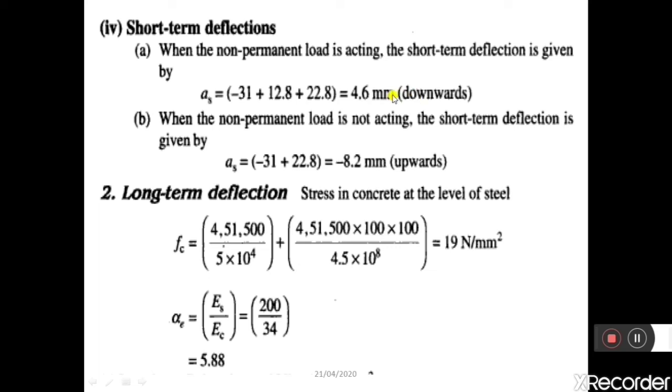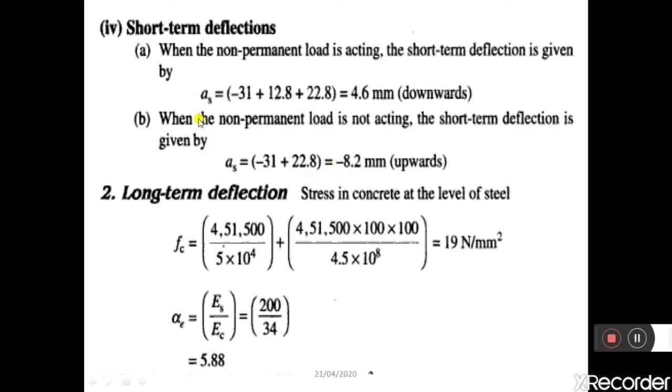So it is downward because minus 31 plus 12.8 plus 22.8 is equal to 4.6 mm, and the deflection is acting in downward direction. The second case is when the non-permanent load is not acting, the short-term deflection is minus 31 plus 22.8, that is equal to minus 8.2 mm.